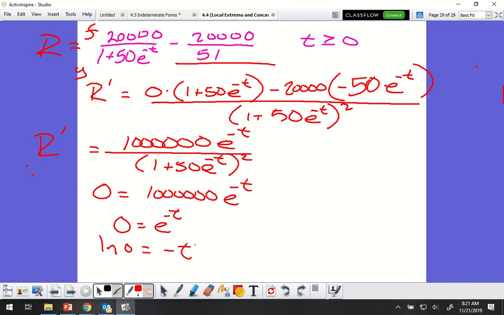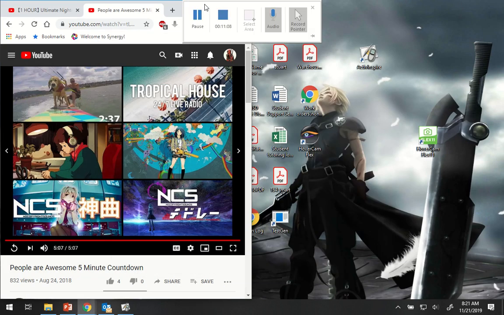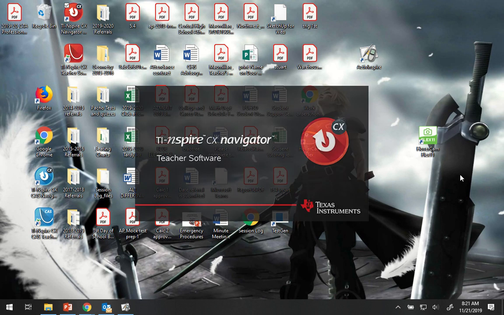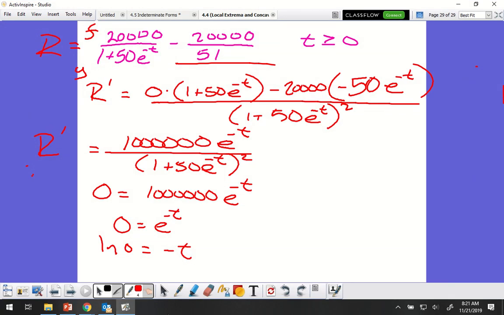Okay, and we also came up with another one. So let's pull up the graph on this one, because this one's going to be important. Pull up my calculator software.